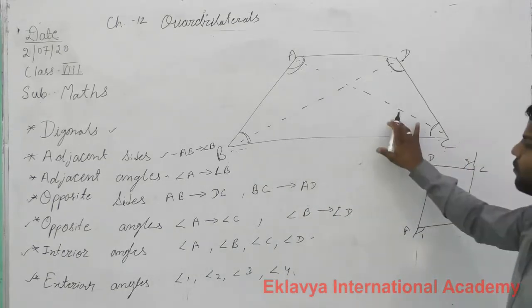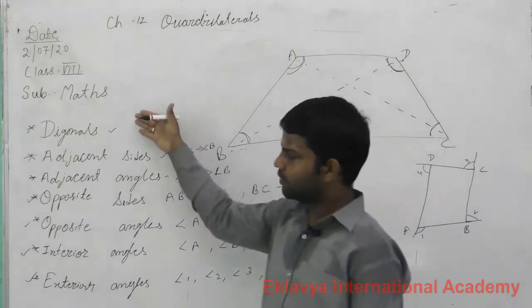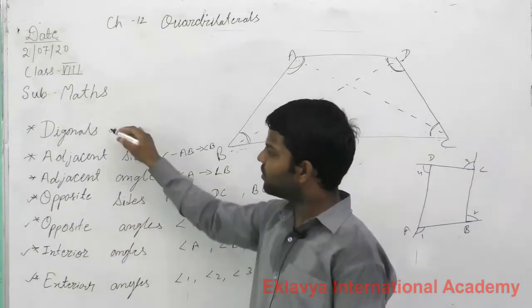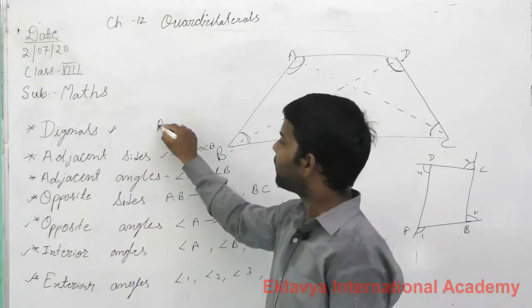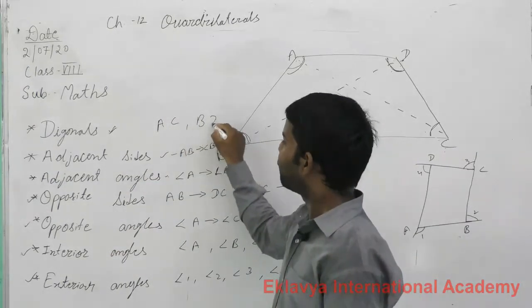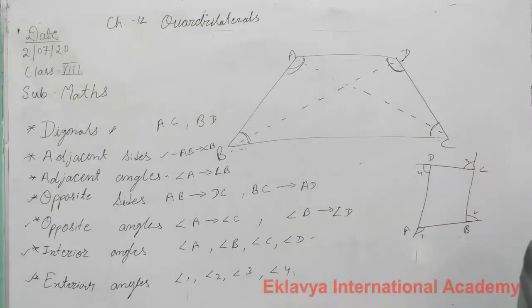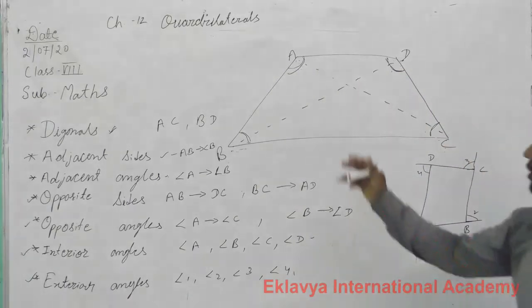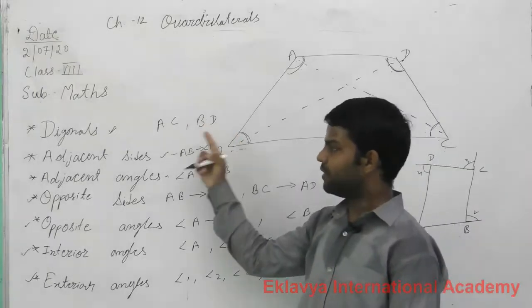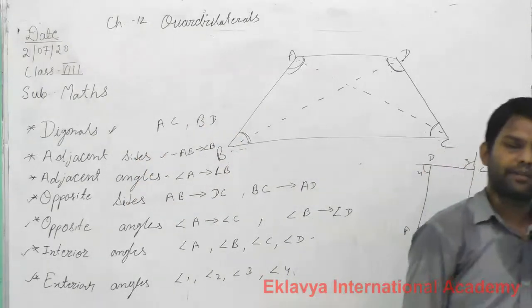So in this figure we have 5 parts. We discuss about these. First is diagonal. Diagonals are AC and BD. In the quadrilateral we have only two diagonals. They are AC and BD. Adjacent sides, they are nearby sides.